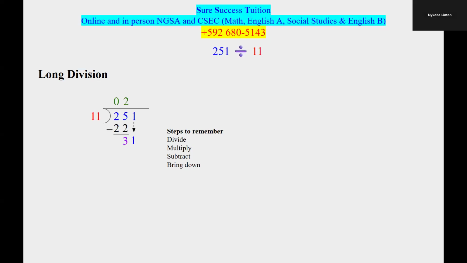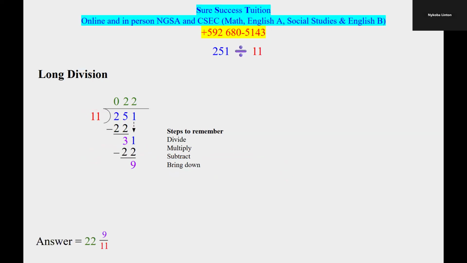So when I say 11 into 31, I mean how many times can 11 fit into 31? Or if we had 31 items, how many groups of 11 can we get? So the answer is 2. Now 2 multiplied by 11 is 22. We'll subtract. We have a remainder of 9. So our final answer will be 22 and 9/11.